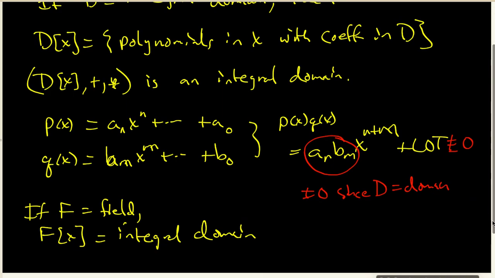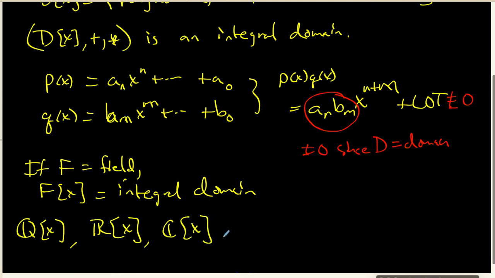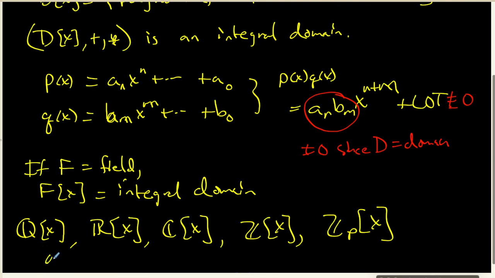And what that means is that things like Q[x], R[x], the complex numbers [x], the integers [x], and the finite fields Z_p[x], these are all integral domains.